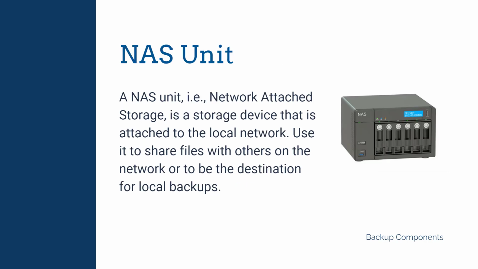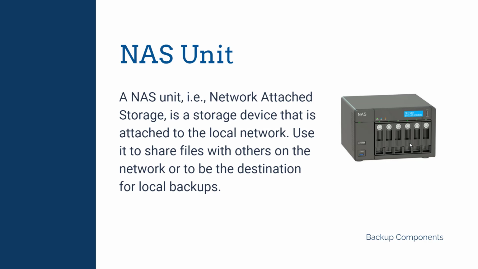A NAS unit. Here in the picture, you see an image of a NAS unit, and it's basically a specialized storage unit that has two or more disk drive bays. This one has 6, and they can be configured to provide a certain type of redundancy, data protection, so that, let's say, one of the disks fails, you won't be down.